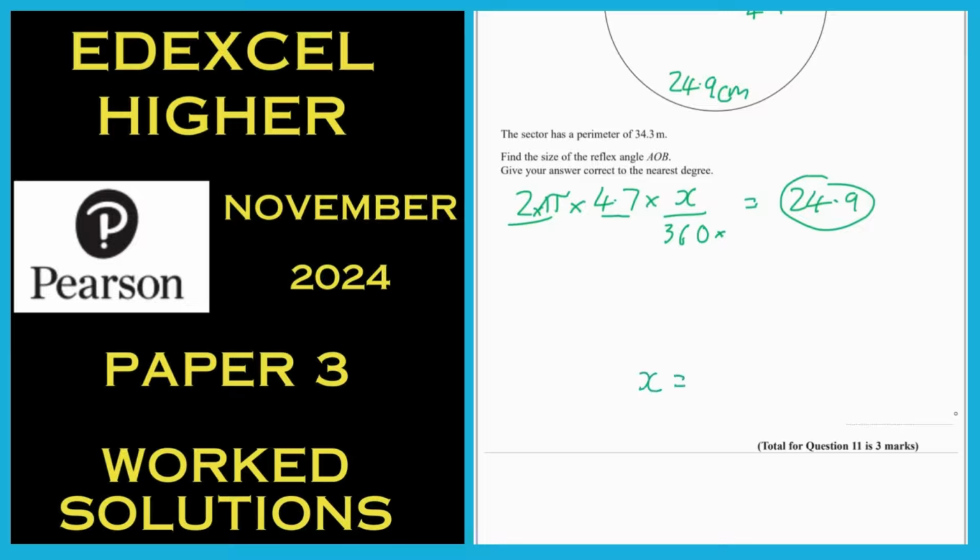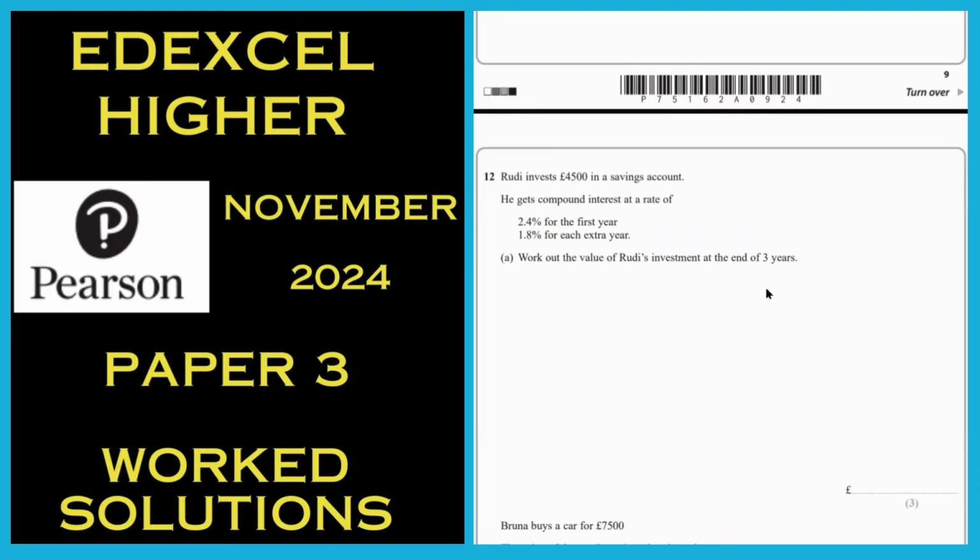Your value of x should end up 303.5 and so on. So when you round that off, 304 degrees. On we go.